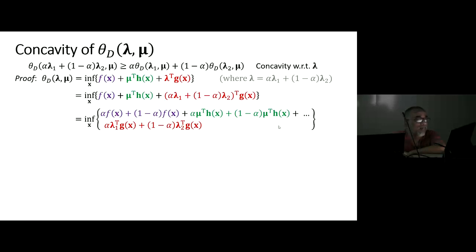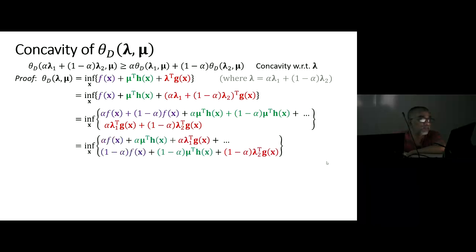Okay, and then what I'll do is, I'll lump all the terms containing alpha on one side and all the remaining terms containing 1 minus alpha on the other side. So this is what I have. The infimum of this whole thing is theta d of lambda, mu, where lambda is alpha lambda 1 plus 1 minus alpha lambda 2, this lambda here.